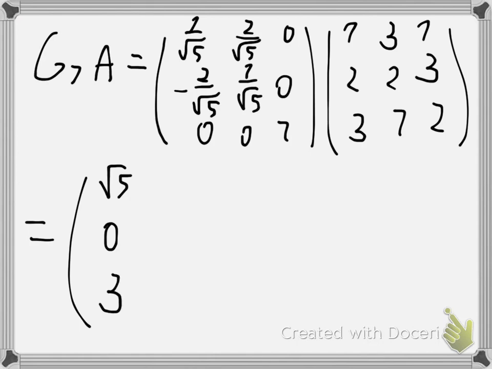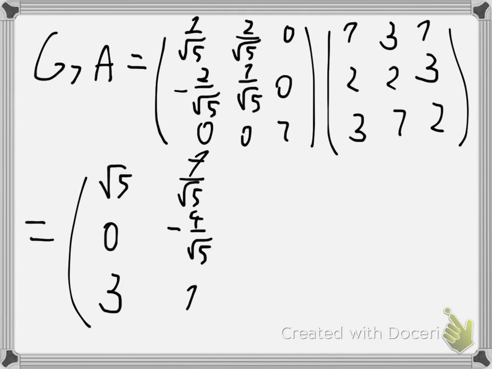Then we get 3 plus 4, 7 over square root of 5. Negative 6 plus 2, negative 4 over square root of 5. And 1.